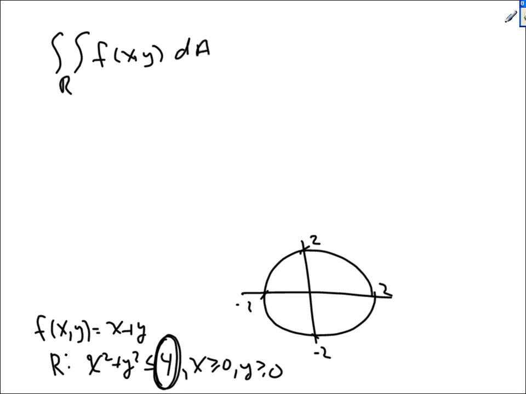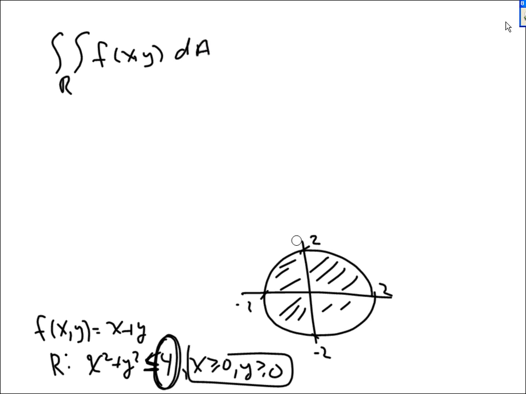And since it says less than, we're talking about the points inside. It didn't only say less than, it also said equal. That allows us to include the points on the circle. But x and y have to be positive. That means we're only in quadrant 1.